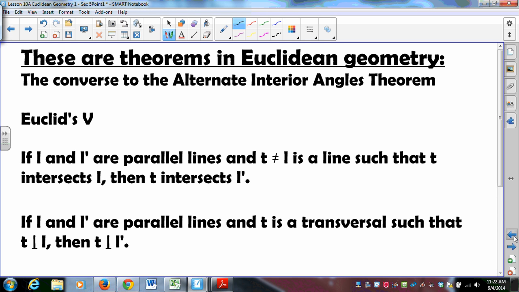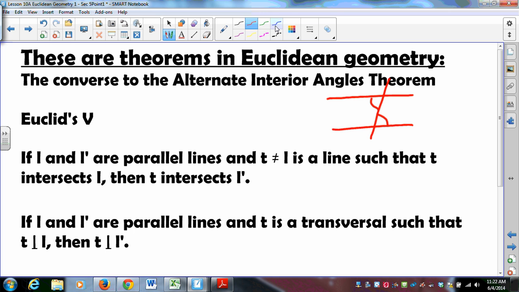The converse to the alternate interior angles theorem is a theorem in Euclidean geometry. If I have two parallel lines and they are cut by a transversal, I know for sure that the alternate interior angles will be congruent. In Euclidean geometry, the alternate interior angles theorem is true, and its converse is also true.